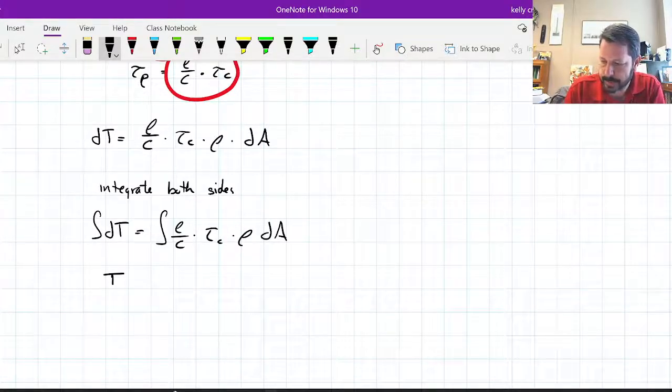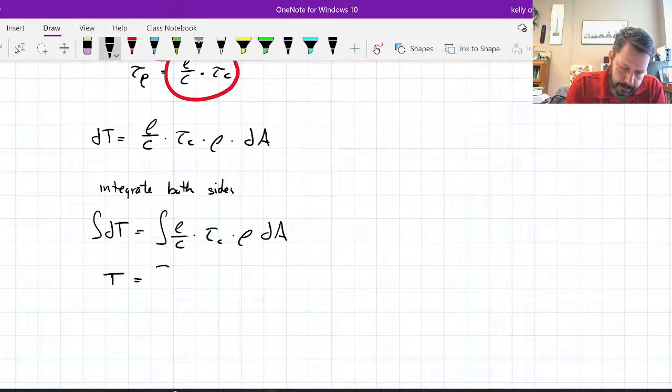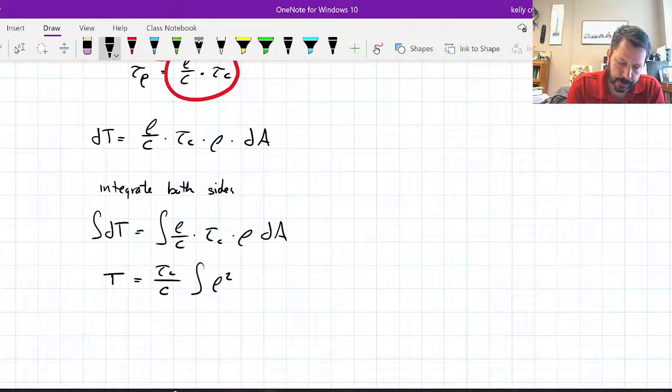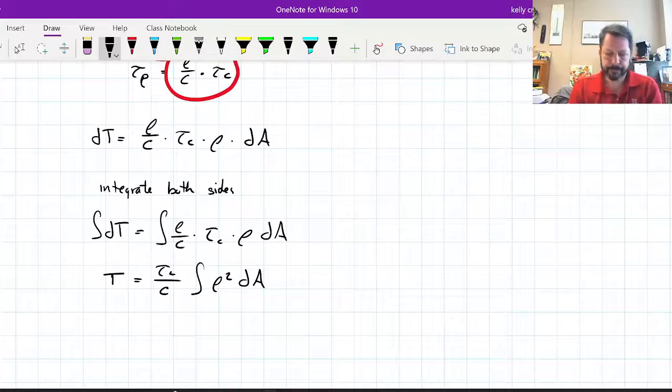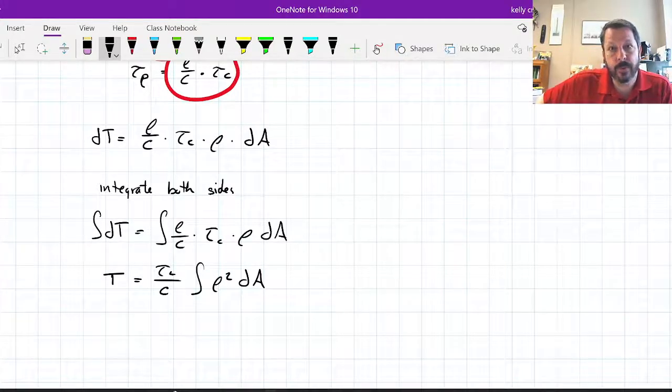All right, so T equals, let's take out our constants, tau C over C, integral rho squared dA. That integral of rho squared dA looks a lot like the integral of y squared dA, the second moment of an area, when we were doing moment of inertia.